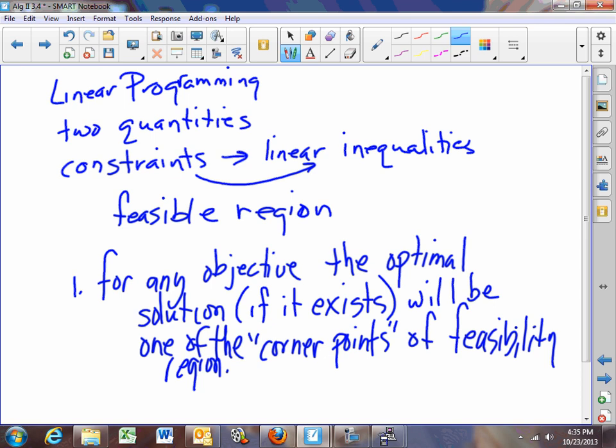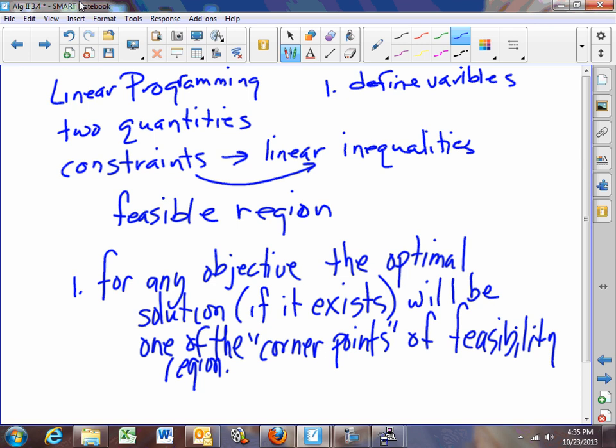So what we do when we're trying to solve a linear programming problem is we first define the variables. It is important in these problems to write down what you define the variables to be, and the variables need to be the things that you're going to be making decisions about. How much of this, how many of that, or whatever. Define the variables, write it down so you don't forget. And then, given the constraints, we create linear inequalities containing those variables that are representative of the constraints.